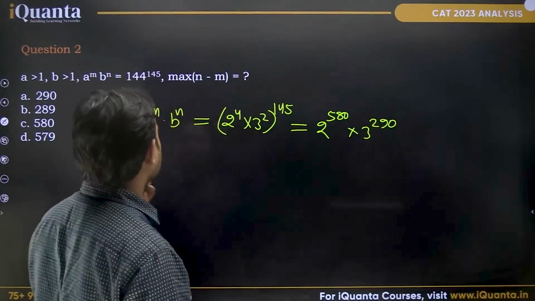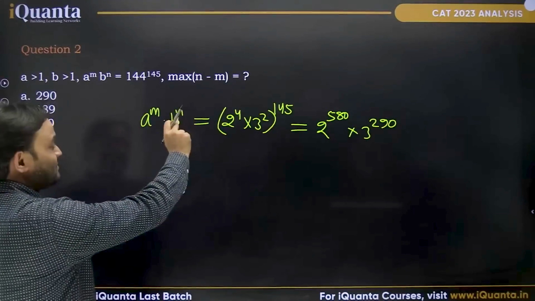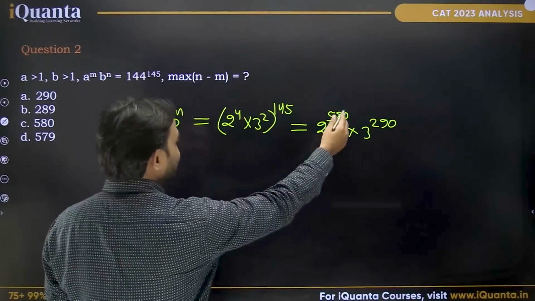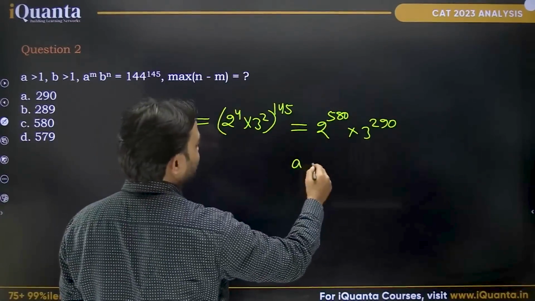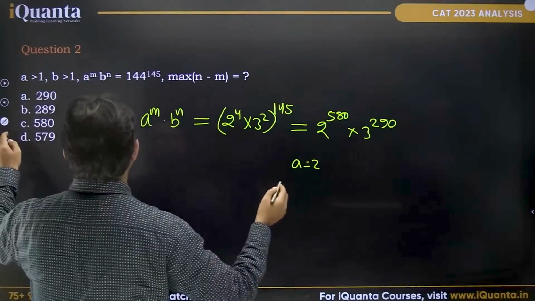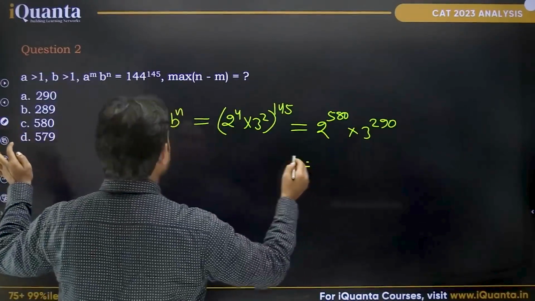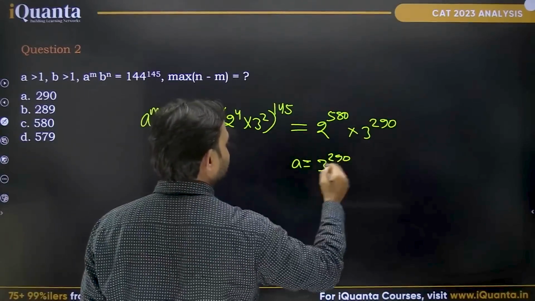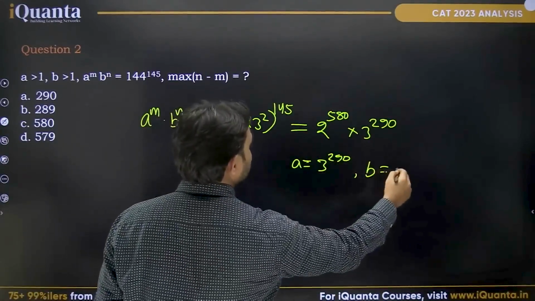Now if we talk about maximizing the value of n and minimizing the value of m, what we can do? We can take from here that a is equal to 3 to the power 290, okay, and b is equal to 2.